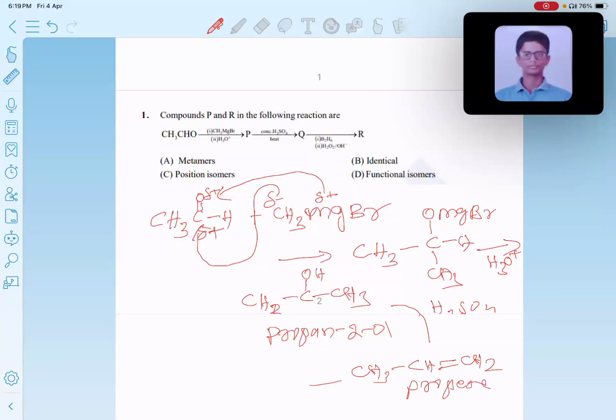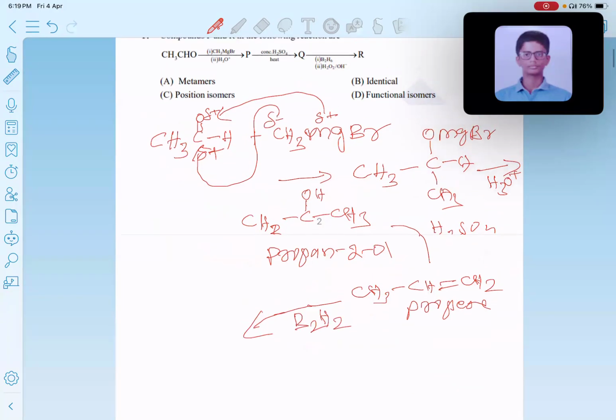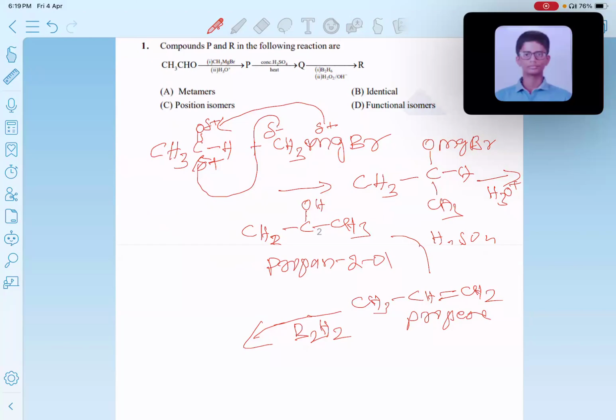Then propene Q is treated with diborane, B2H6. Actually, this is a hydroboration-oxidation reaction. When propene is treated with borane, the trialkyl borane is the addition product.